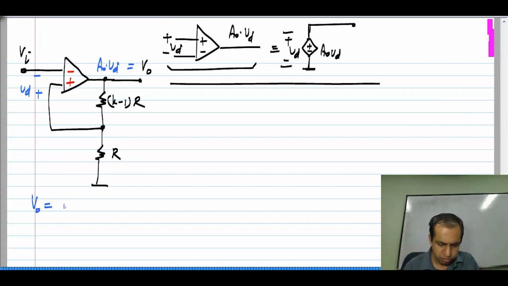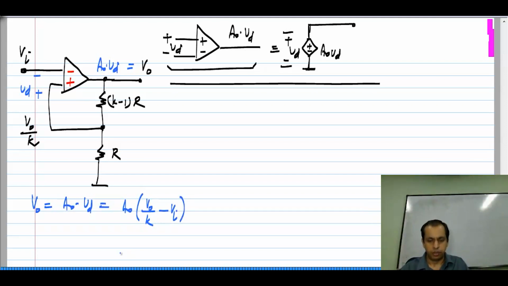V naught, which is A naught times V D, which this time around will be this voltage minus that voltage, which is V naught by k minus V I.